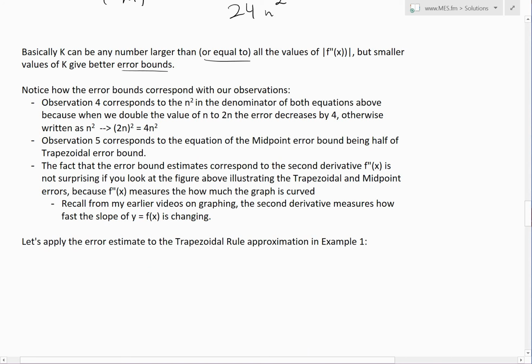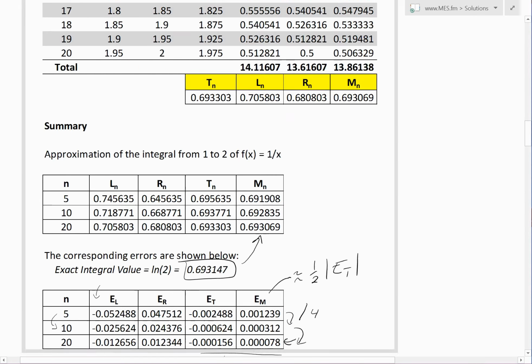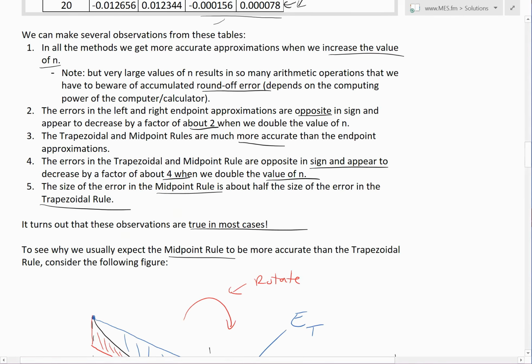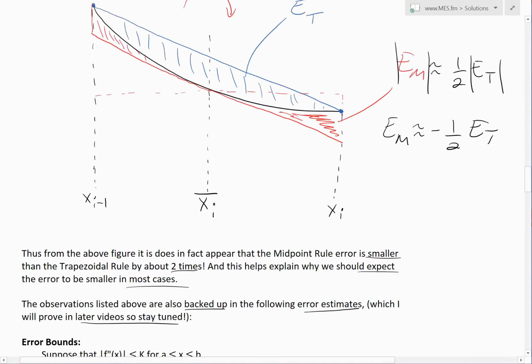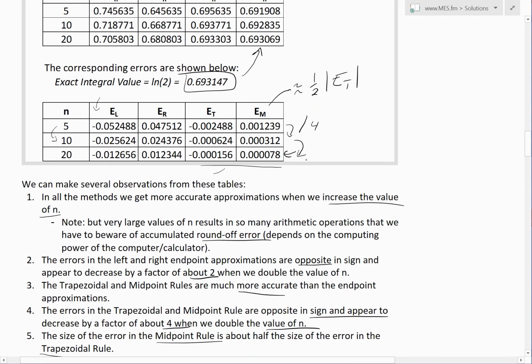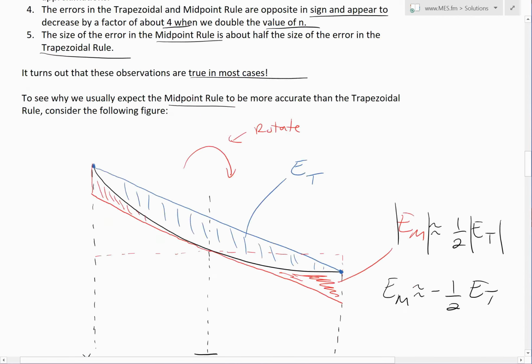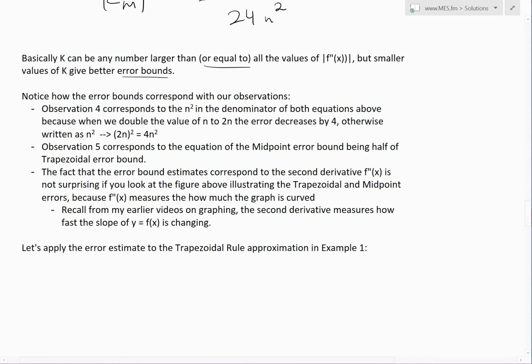And now notice how the error bounds correspond with our observations. Observation 4 is that the errors in the trapezoid and midpoint rules are opposite in sign and appear to decrease by a factor of about 4 when you double n. So it goes down by 4 when you double n for trapezoid and midpoint rules.